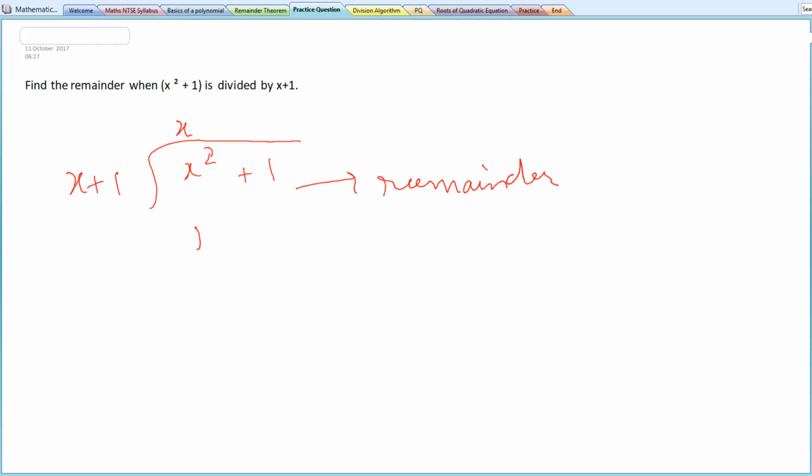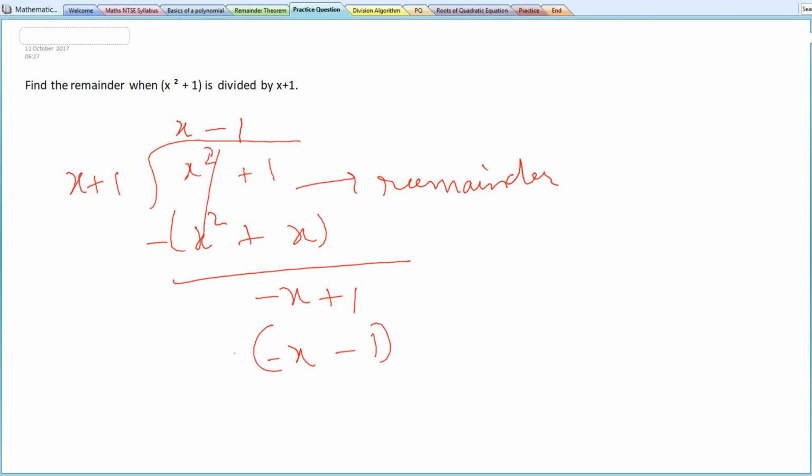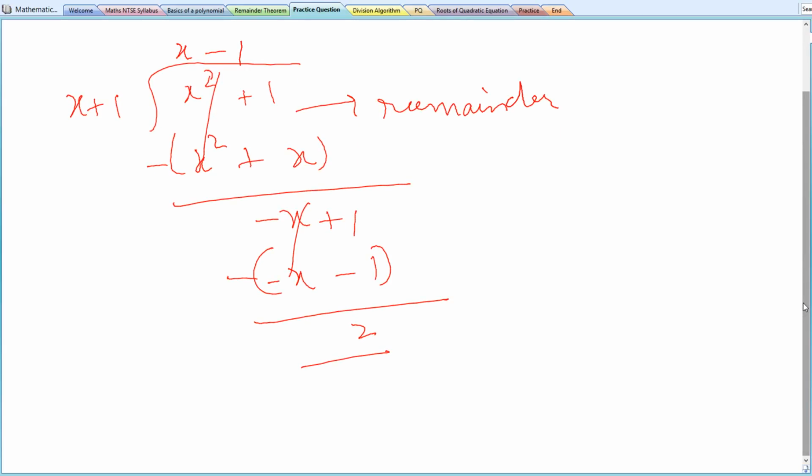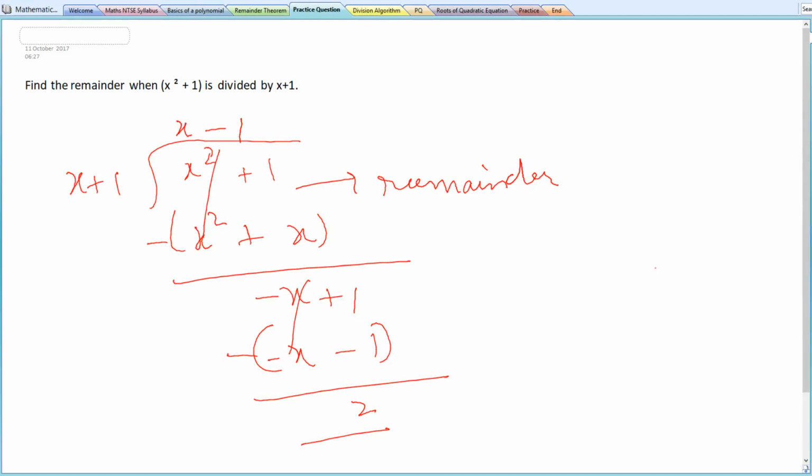Either we divide it, in which case we get x square plus x. Don't worry if you have any problem with the division algorithm. We'll get into the detail of that. So if I do this, my remainder is 2, right?